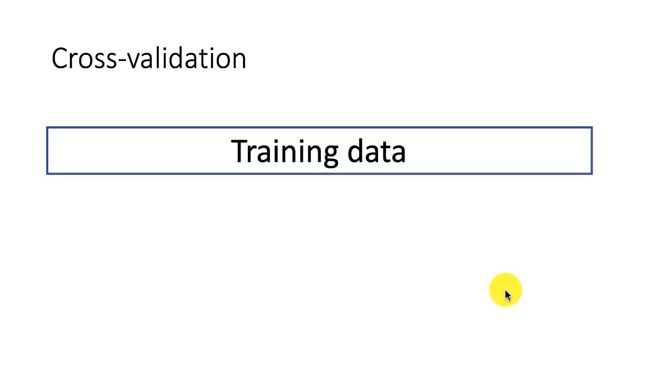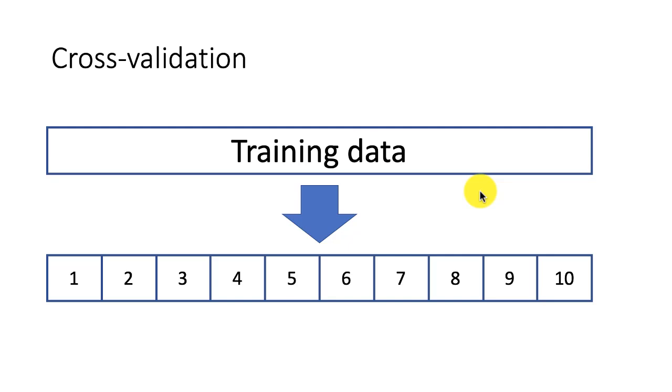In cross-validation, the computer takes the training data and divides it into a certain number of bins containing equal numbers of cases. Let's assume it divides the training data into 10 equal parts. In other words, say I've got a training data set that contains 1,000 rows.